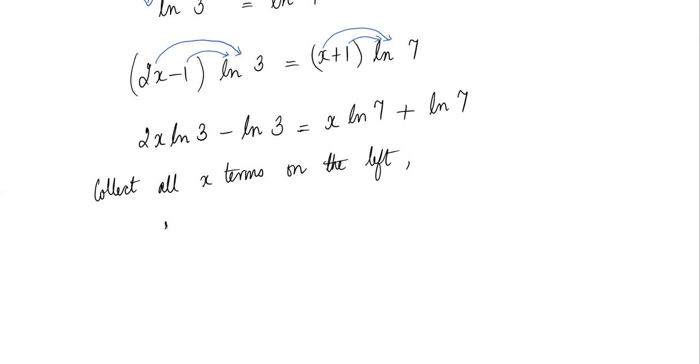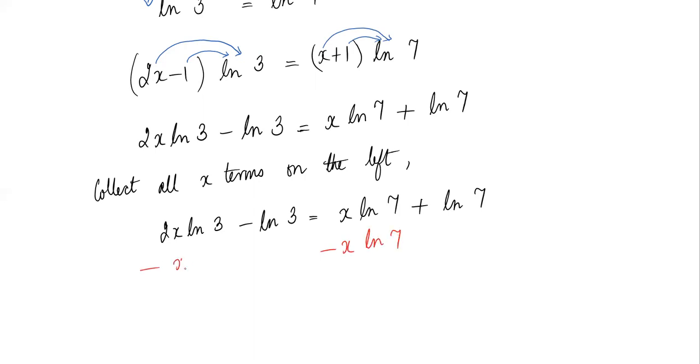So 2x ln 3. I'm going to repeat this previous statement and then show you how to systematically collect your x's. So this has the x term, so I'm going to collect that.